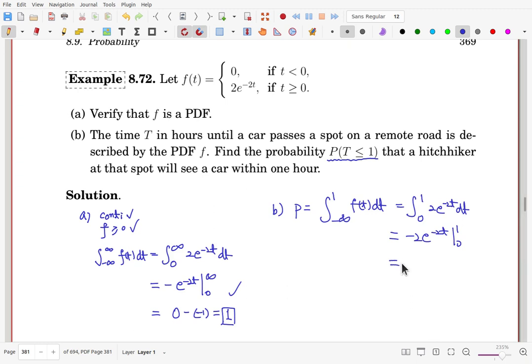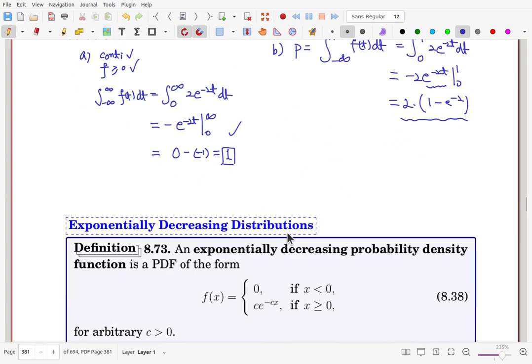Along with this negation, we first evaluate at 1, which gives e to the minus 2, and at 0, that's 1. So the answer is 1 minus e to the minus 2. That is the probability that a hitchhiker at that spot will see a car within 1 hour.